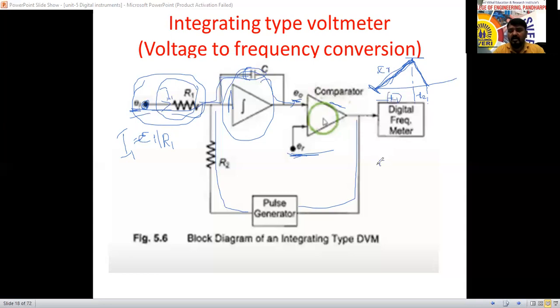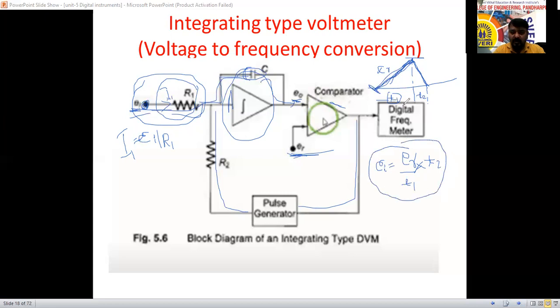So we can write the formula: the input voltage EI is proportional to the reference voltage ER, increasing for the time T1, into the discharging time T2. This is the input voltage we will get from this formula.